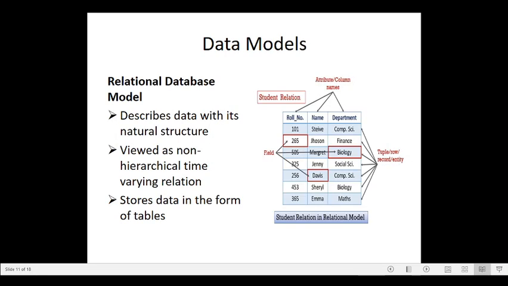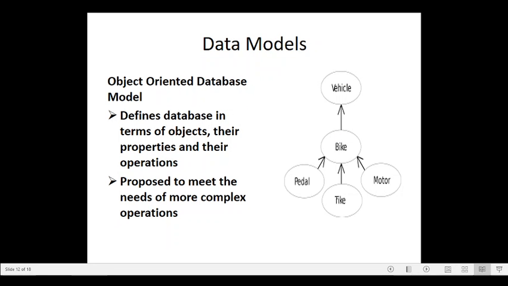Now let's move on to one more type of data model, that is object-oriented database model. This model defines data in terms of objects, their properties, and their operations. Objects with the same structure and behavior belong to a class, and classes are organized into hierarchical or acyclic graphs.